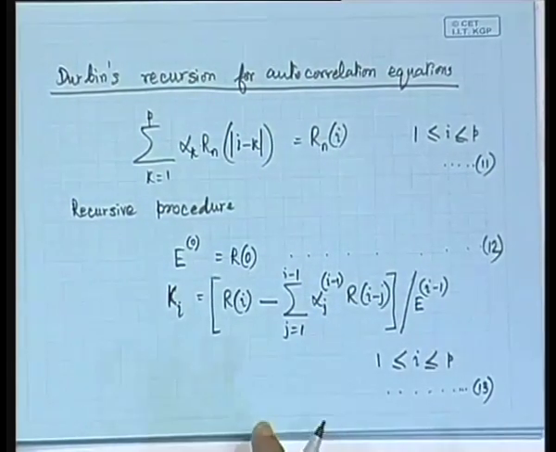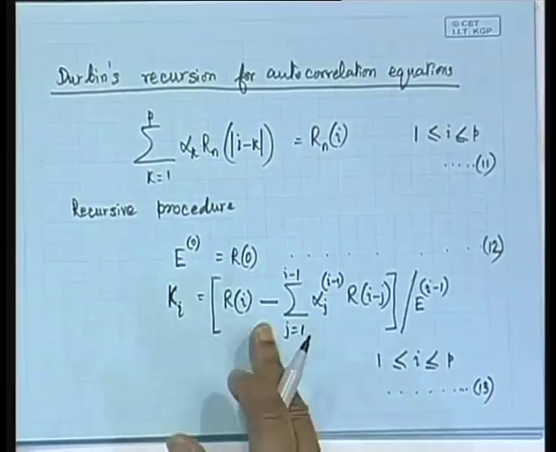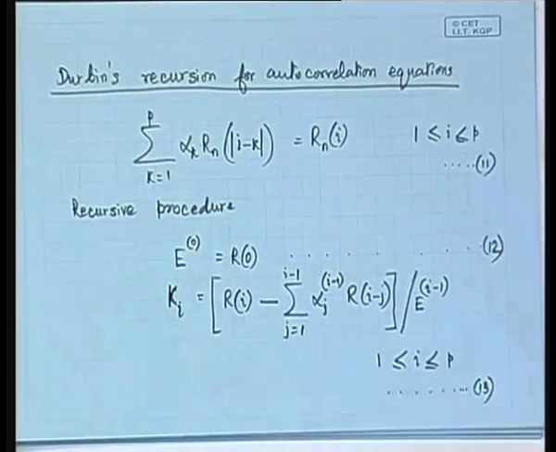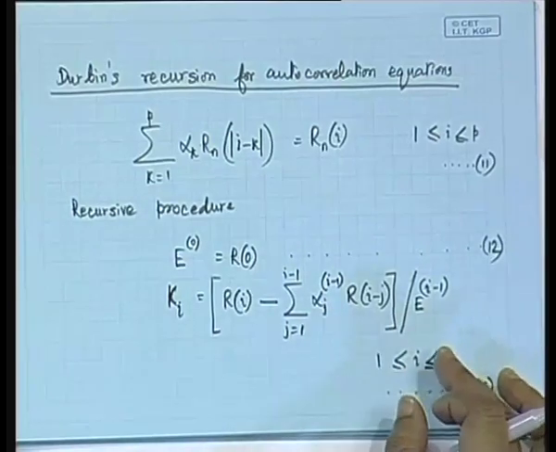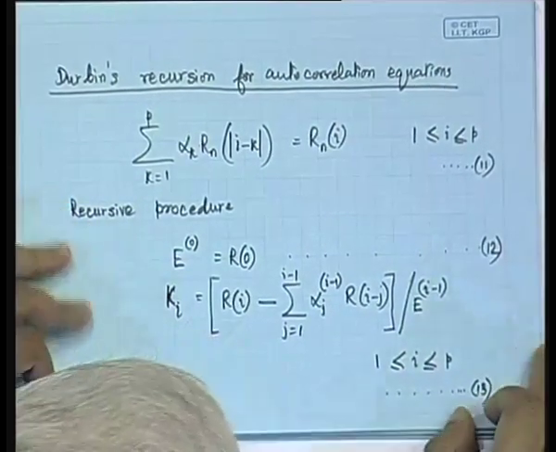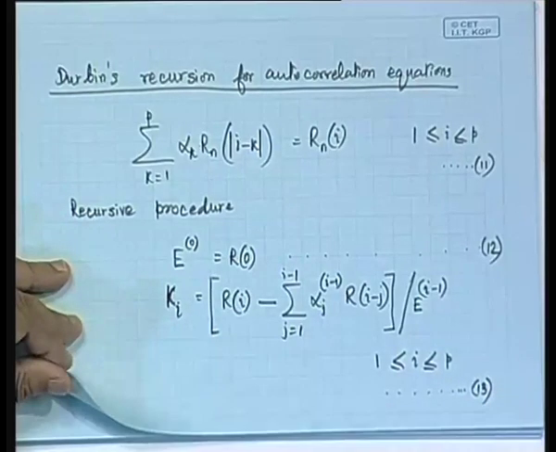So this k_i will be used in order to determine the next set of quantities. In fact, what results is that the alpha_i estimate becomes equal to k_i, so we write down as equation 14, alpha_i^(i) equal to k_i.